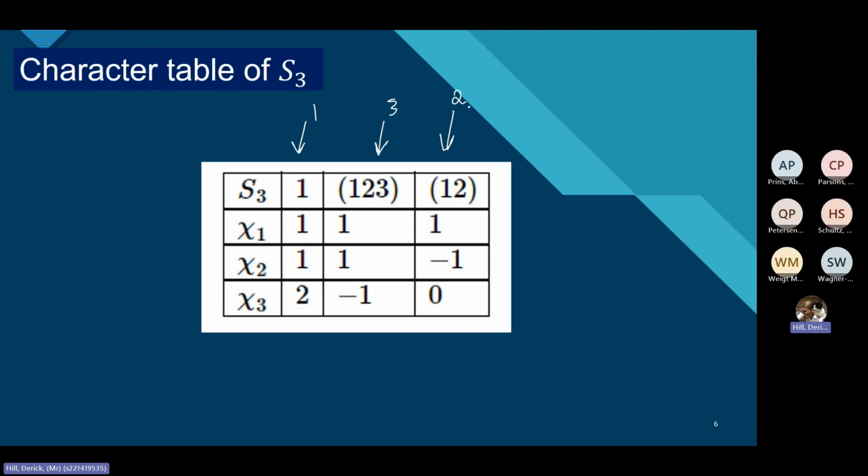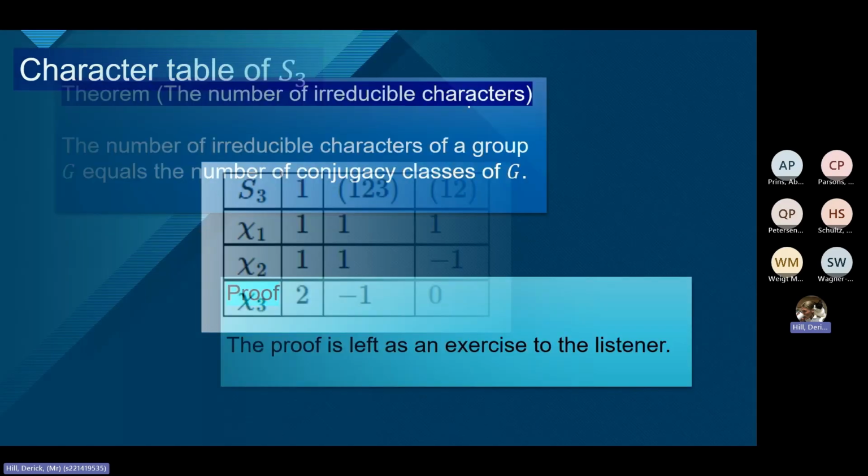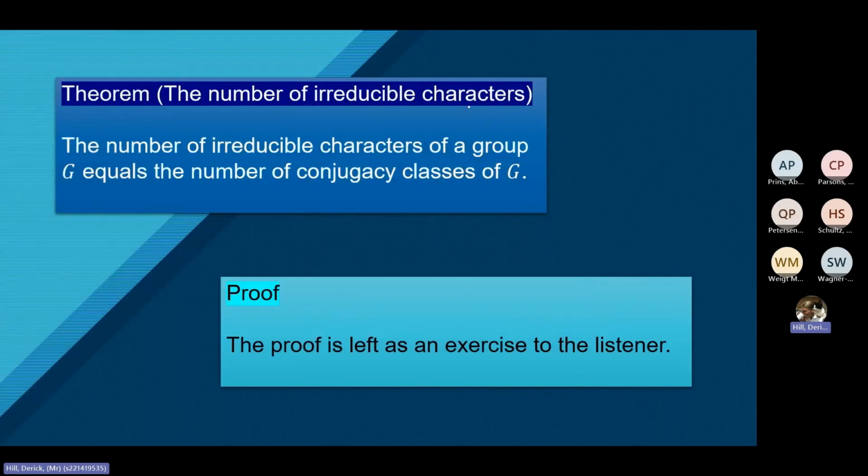So there is a relation between conjugacy classes and character table, and the character table is a tabulation of irreducible characters. So we have this theorem over here, and the theorem says the number of irreducible characters of a group G equals the number of conjugacy classes of G.